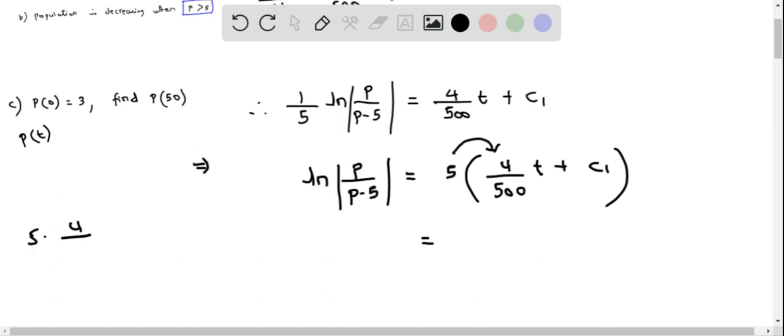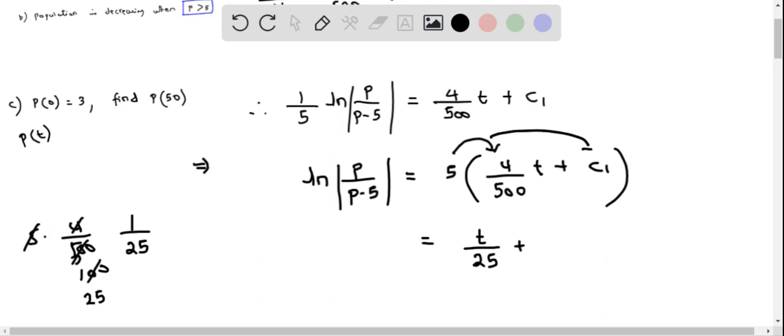We can simplify this: 500 goes into 5 as 100 times, and 4 goes into 100 as 25 times. That is, this one is basically 1 by 25, and we also have a t, so this becomes t by 25, plus 5 times c1, which is basically a constant, so we can put this as constant c1 once again. And here on the left side we have natural logarithm of p over p minus 5.